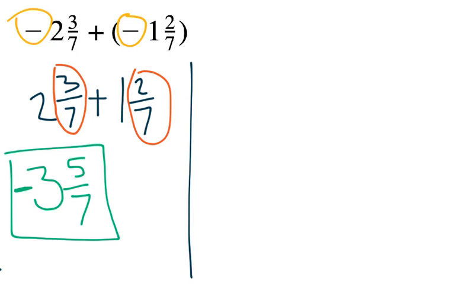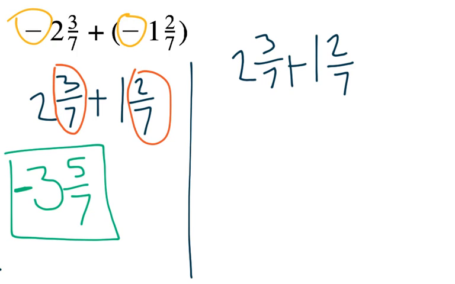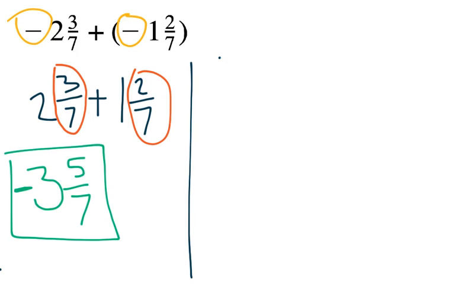Learn from it. The other thing that you could do is think, okay, well, if I've got 2 3/7 plus 1 2/7, oh my gosh. It's just like in the classroom when by 5th period, my handwriting is so sloppy. Okay, 2 3/7 plus 1 2/7. There we go. That's better.